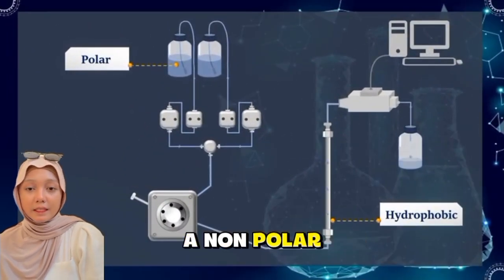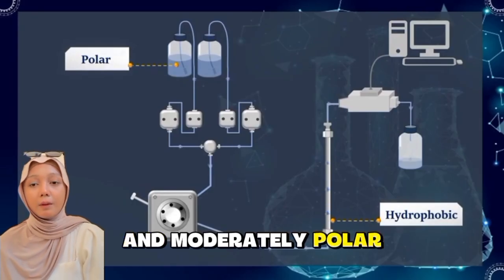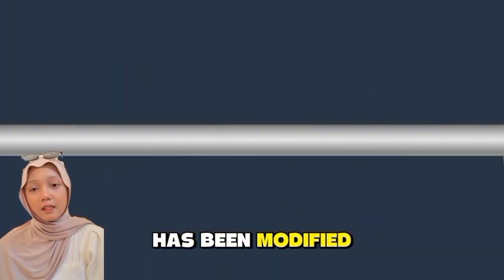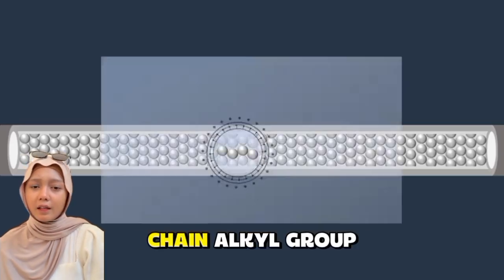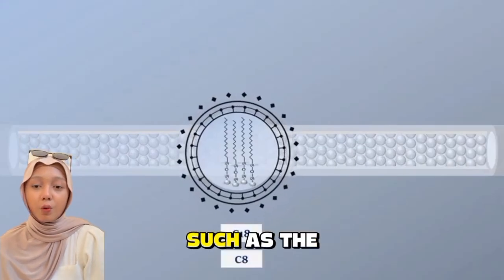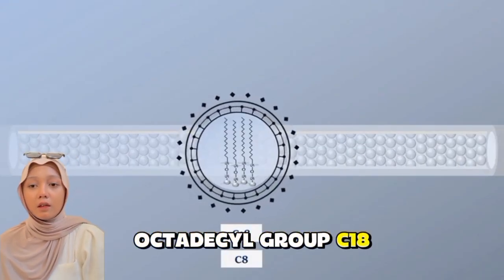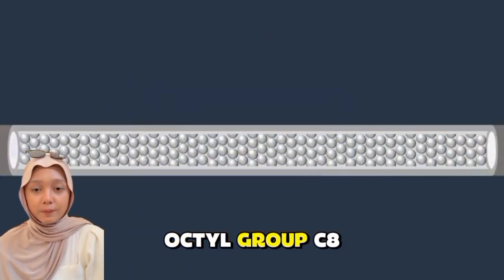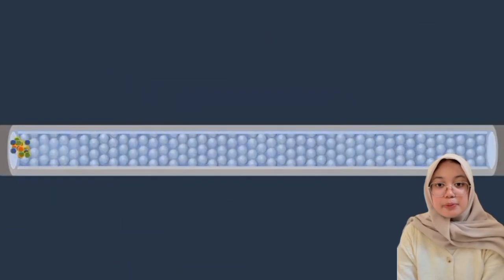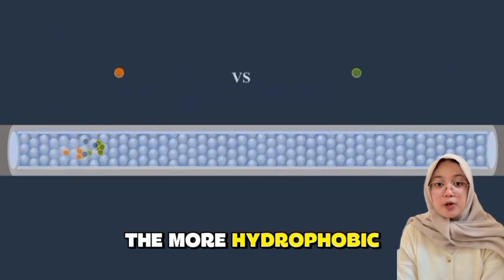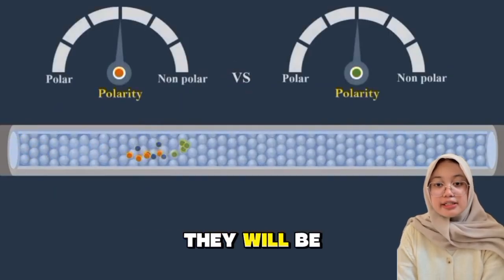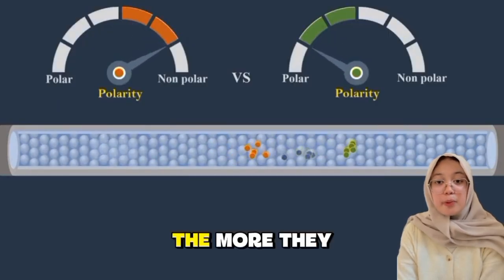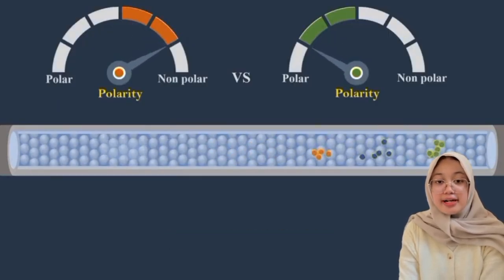Reverse phase has a nonpolar stationary phase and a polar mobile phase. One common nonpolar stationary phase is silica which has been modified with an alkyl group. This serves as the octadecyl C18 or the octyl C8. In this case, the more hydrophobic the analytes are, the more they will be retained on the stationary phase. The more polar they are, the more they will prefer the mobile phase.